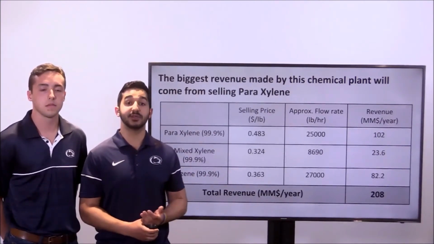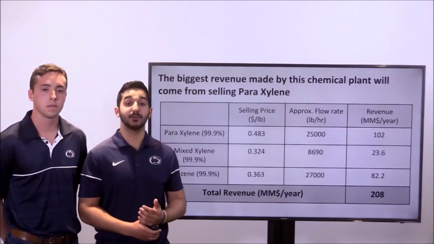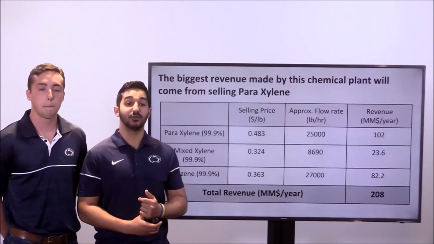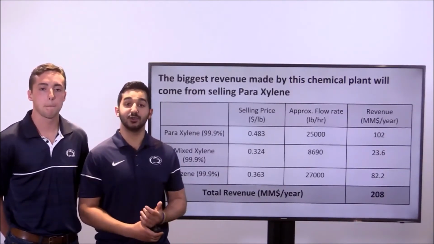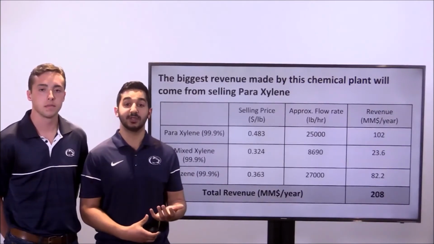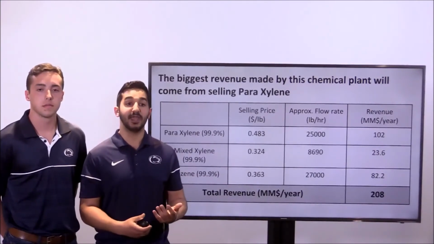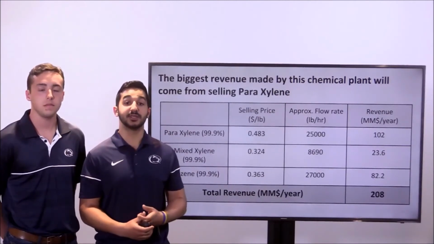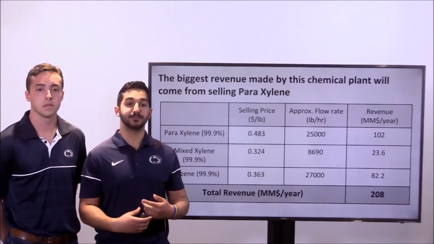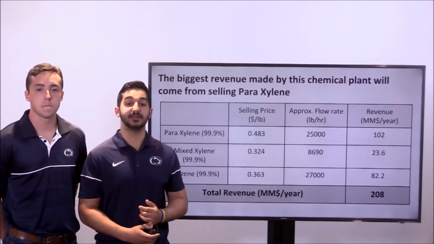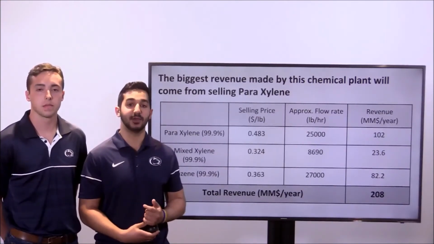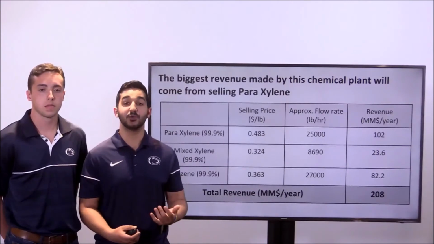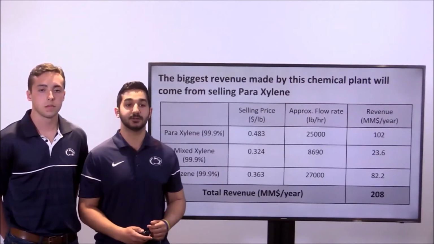As you can see, xylene comes up at $102 million per year in revenue, followed by benzene at 82.2 and mixed xylene at 23.6. Although the main goal of this project was to produce xylene to sell, you can see that another main product that we're selling, benzene, brings in a high amount of revenue, to total up at $208 million a year.